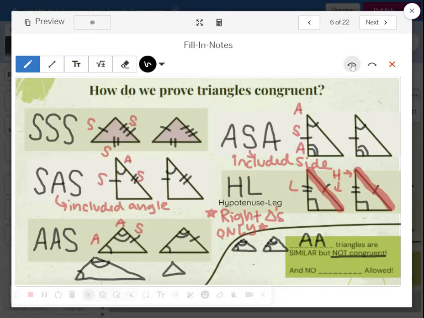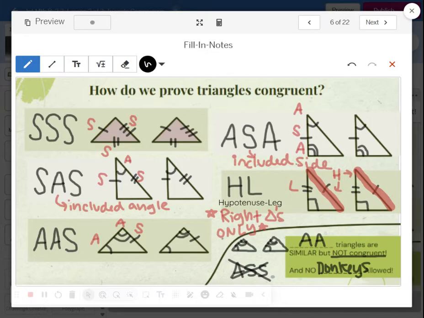So they're not going to be congruent, they're just similar triangles. And the last fill in the blank is no donkeys allowed. Absolutely no donkeys. Not only to keep it school appropriate, but mathematically it is not possible. They are not congruent.